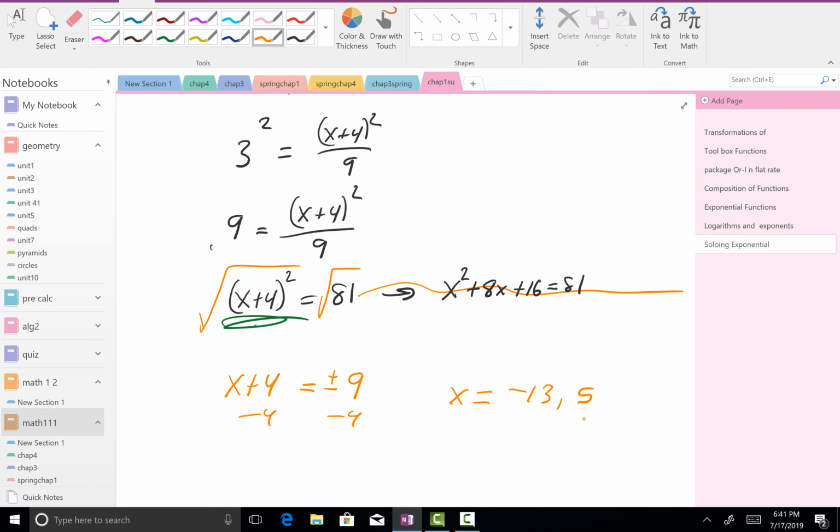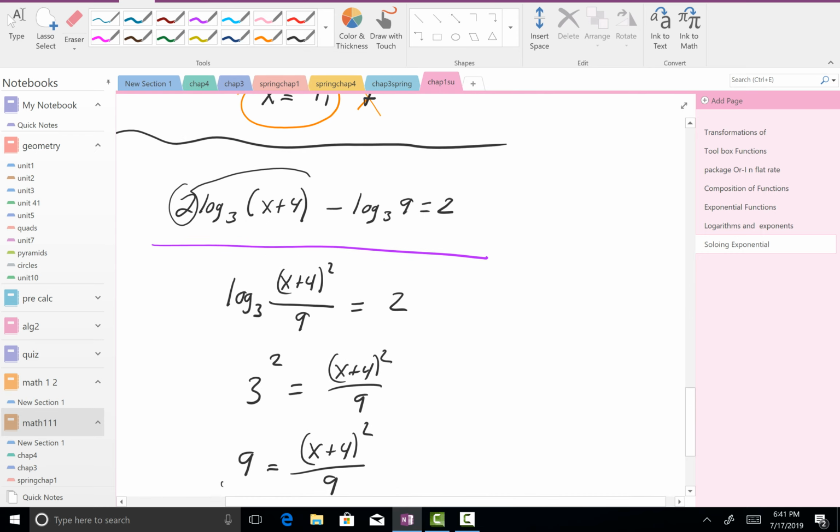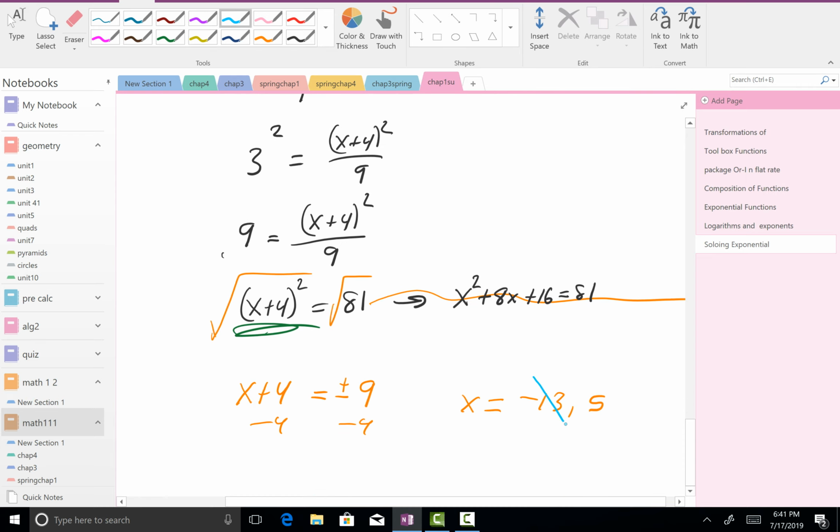But one of those is going to get, again, you can't take the log of a negative, so see how the -13 isn't going to work, because that's going to give us a negative in this first one right here. So we're going to pitch that one and stick with the 5.